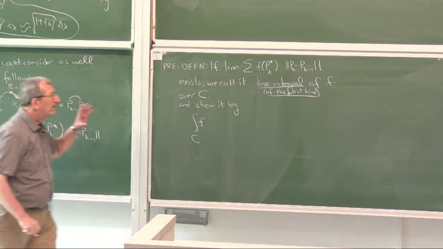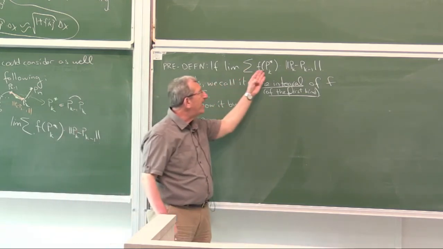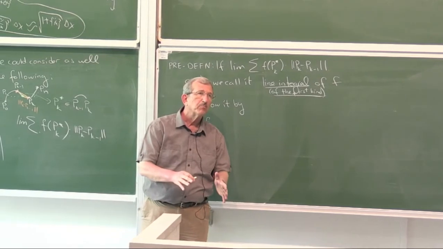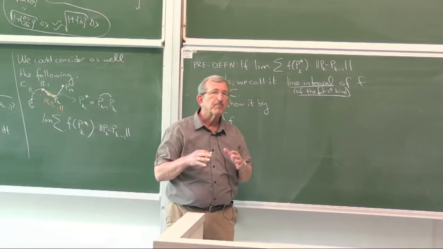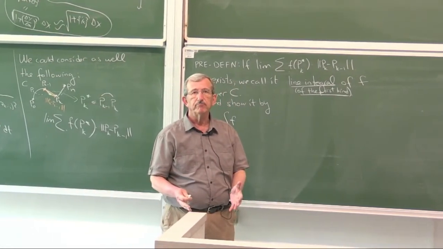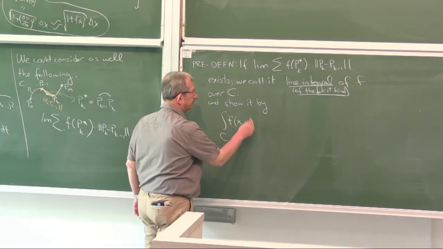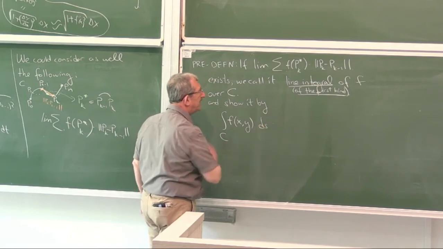Well, since we want to apply f to P_k star, which is a point on the curve, but actually it is a point in the plane at the same time, f must be a function of two variables. And we put here ds.